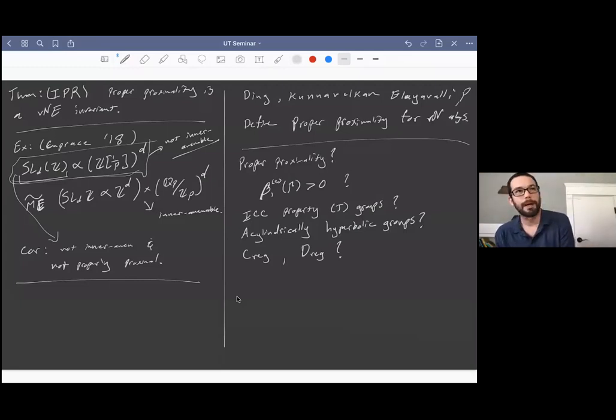So I think the problem is that for groups with non-trivial second bounded cohomology in the left regular representation, the only examples I know come from spaces which have very strong north-south dynamics, and this is also the same type of phenomenon that gives you proper proximality.